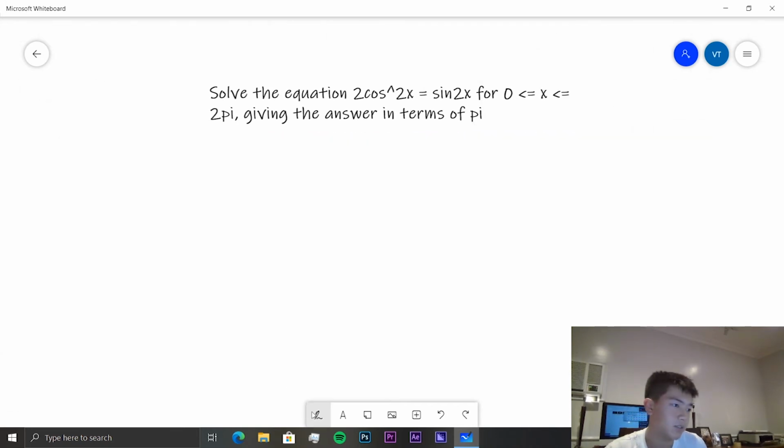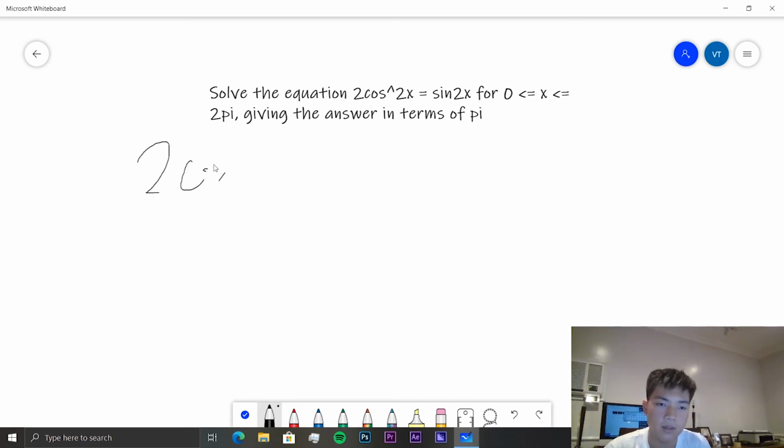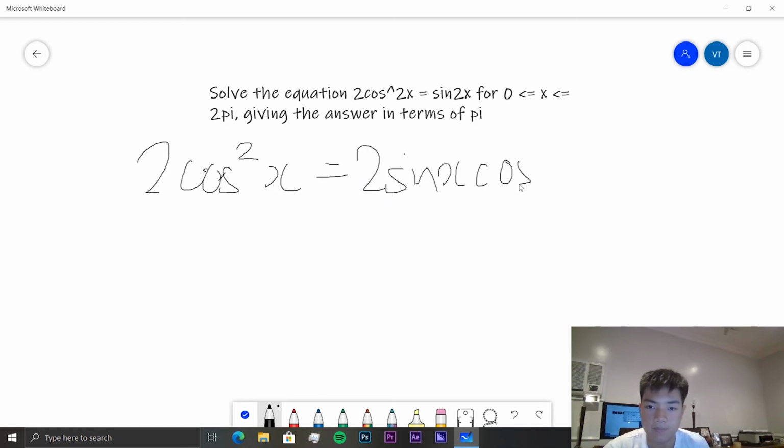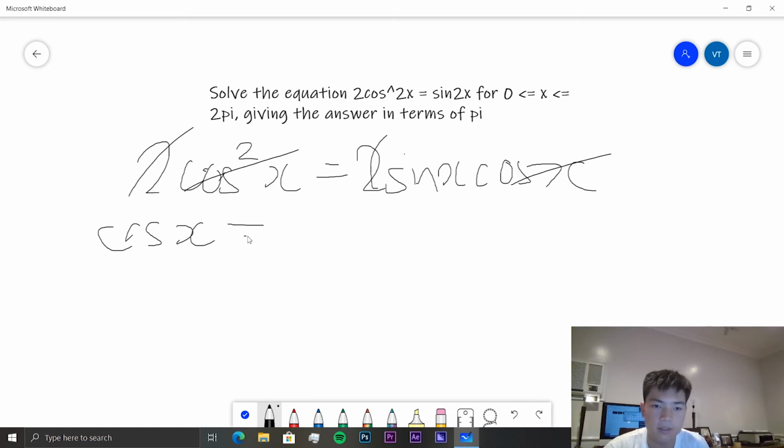Okay, so this is going to be 2 cosine squared x is equal to 2 sine x cosine x. So cancel out those two, cancel out cosine. Well, okay, one case is cosine x is equal to 0. We need to bear that case in mind. But the other one is that cosine x is equal to sine x.